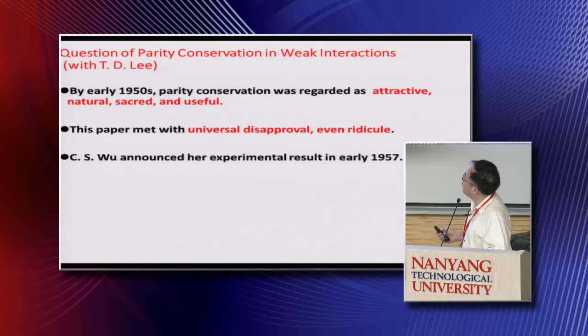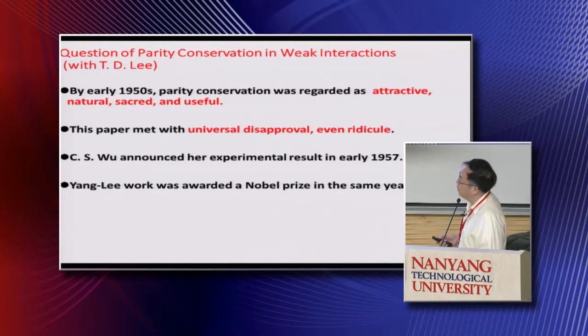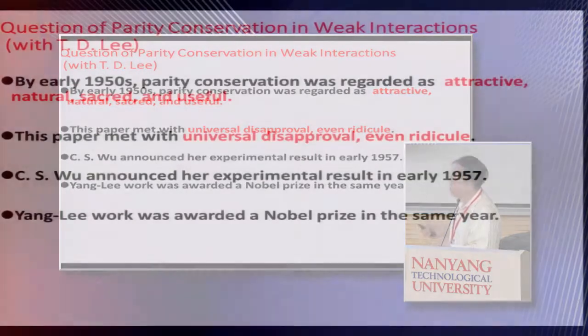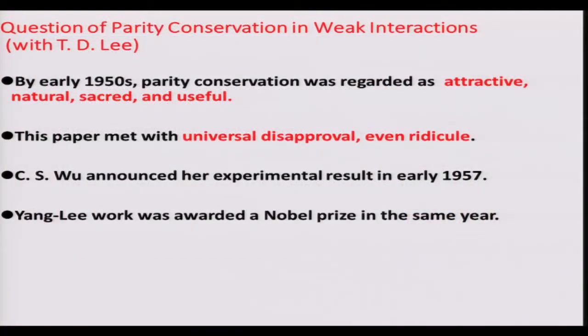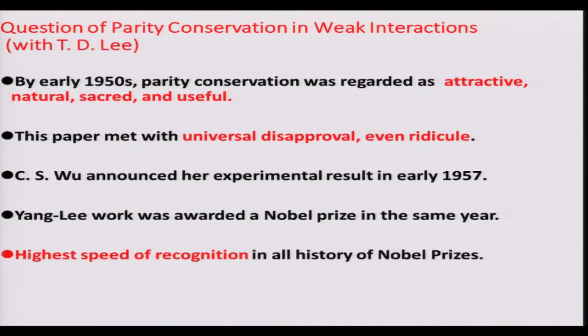I think in early 1957, we know Professor C.S. Wu announced her experimental result, and then the Yang-Lee work was immediately awarded the Nobel Prize in the same year. Okay, unfortunately, Professor Wu did not share it. So this is the highest speed of recognition in all the history of Nobel Prizes. Okay. Is it right?